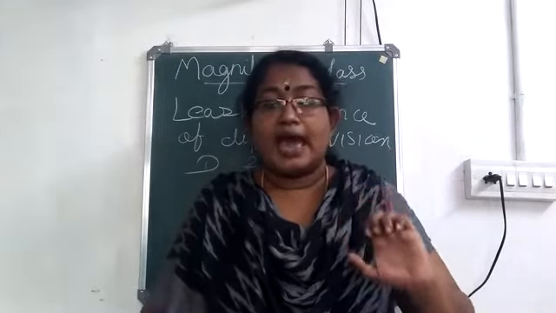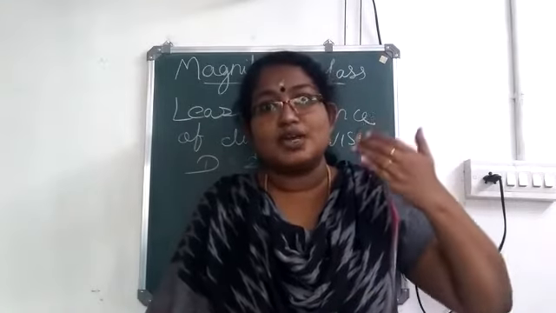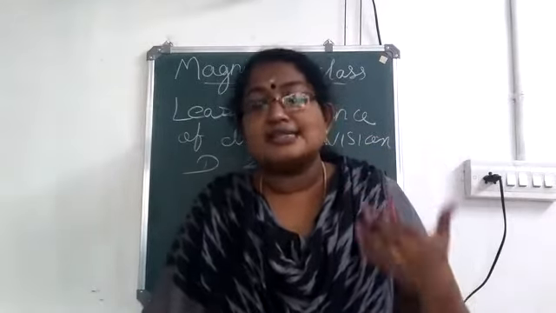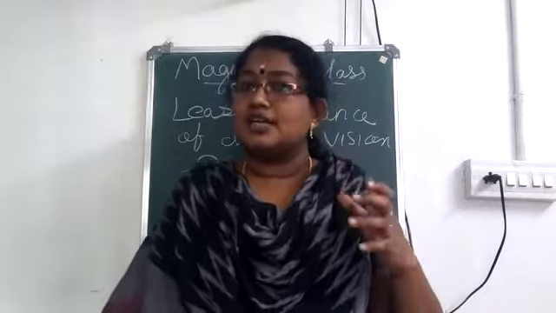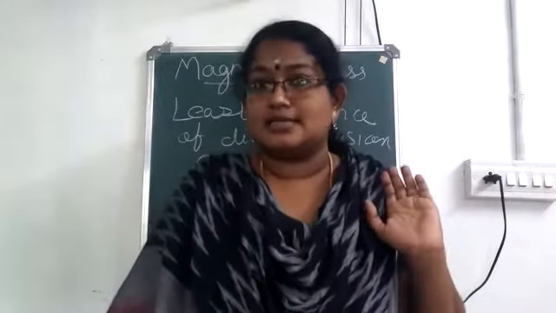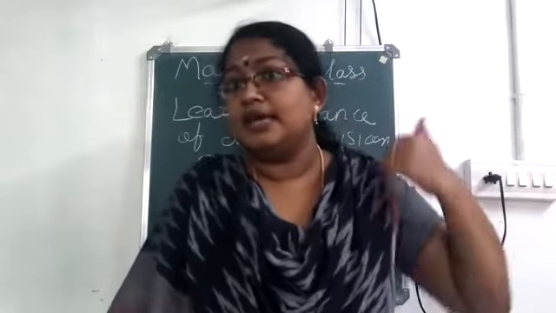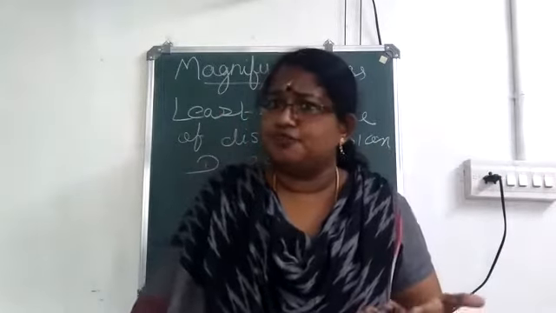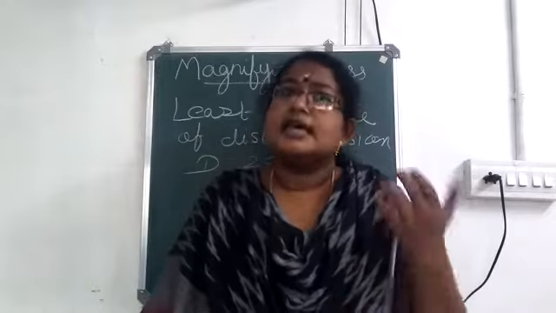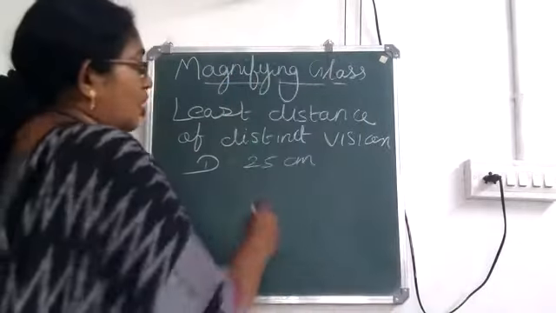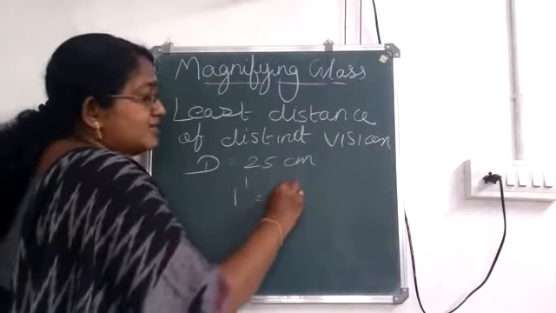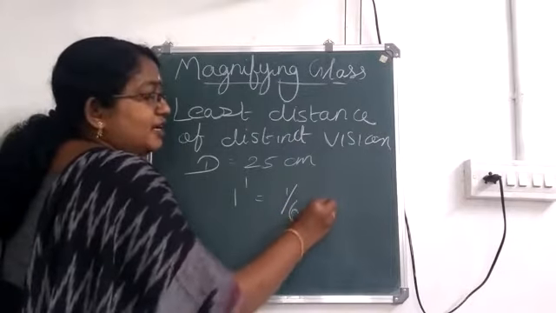So, if the angle subtended by the object is small, then the size of the image formed on the retina also will be less. If the angle subtended is large, the size of the image will be more. If an object subtends an angle of 1 minute, that means 1 by 60 degree. Okay.